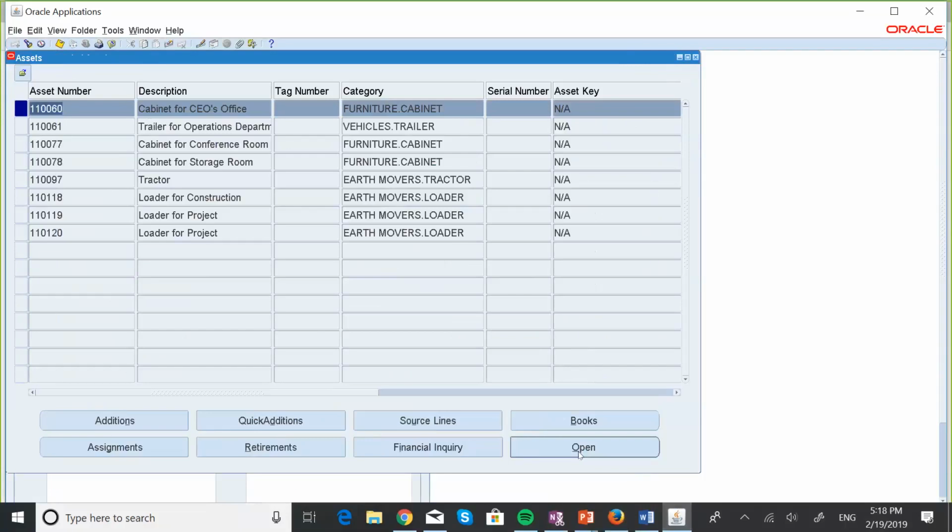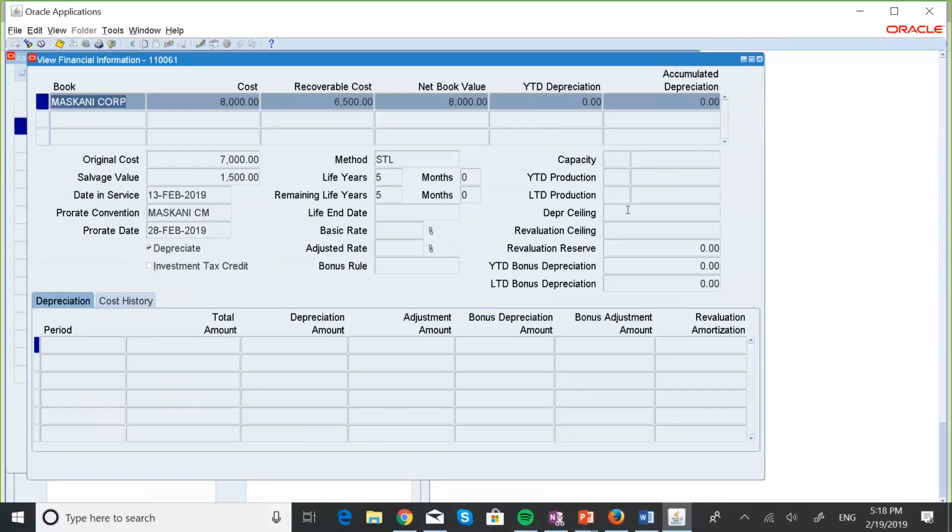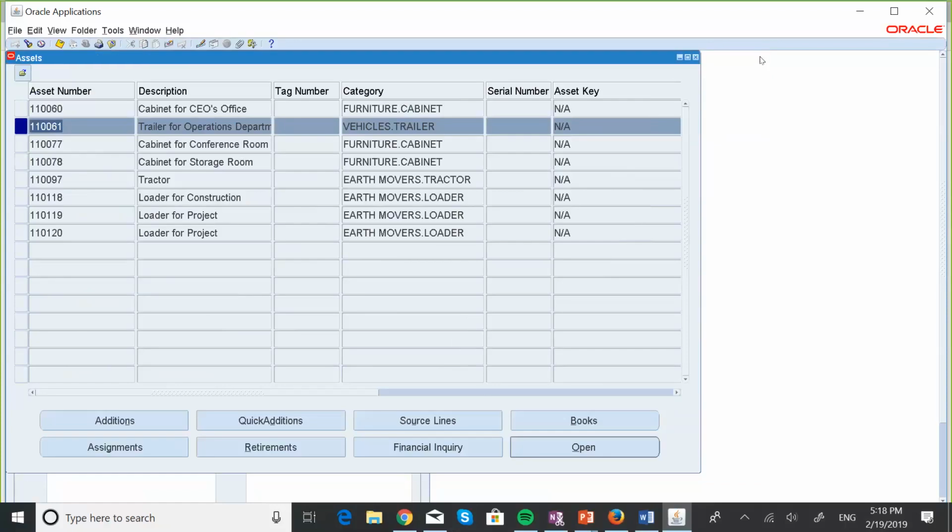We can pick an asset to retire. Okay. There's one which we changed the date placed in service. I want us to retire that one. So that's February.